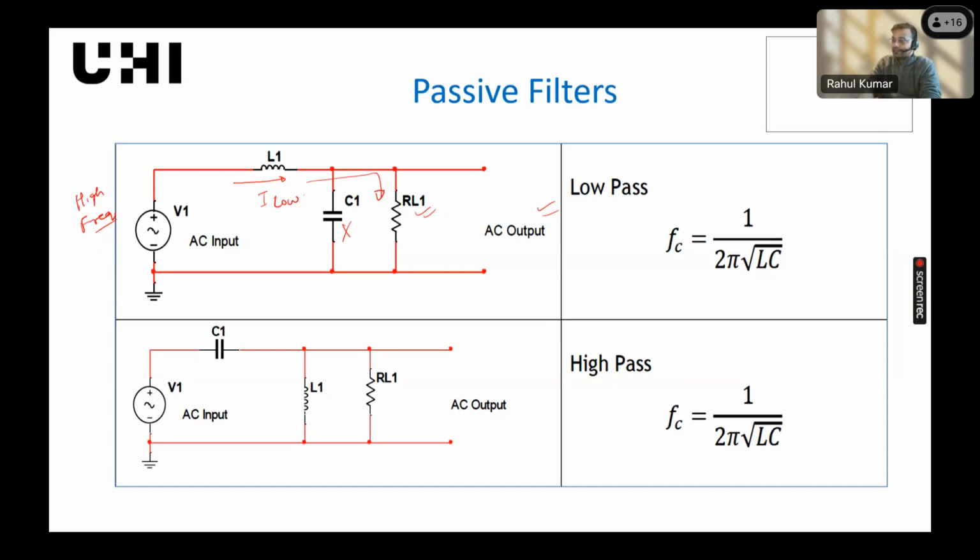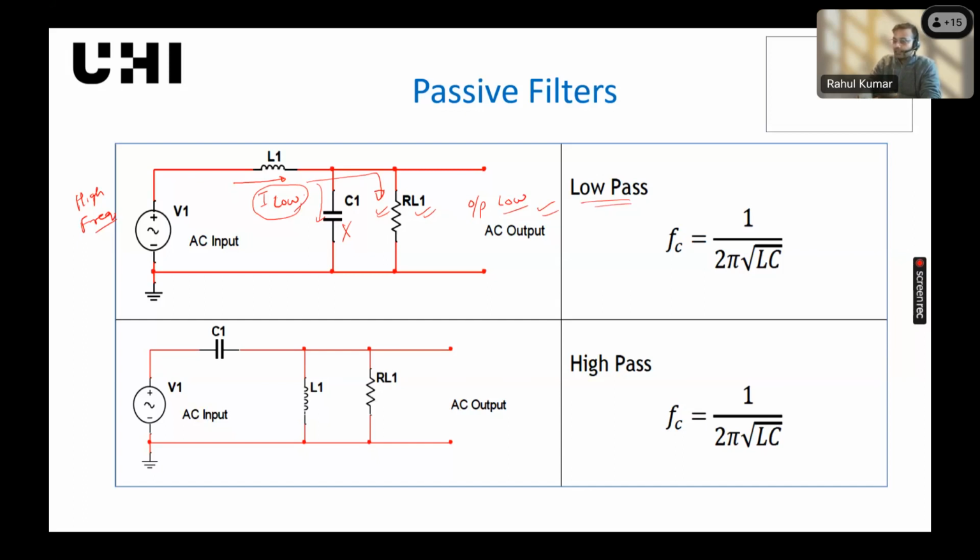The current itself is very low, so it doesn't really matter if the current is flowing through the capacitor or the resistor. Ultimately, your output will be low or smaller for higher frequencies. So using this design, we can develop a low pass filter.